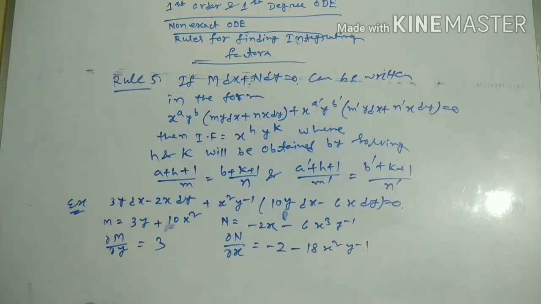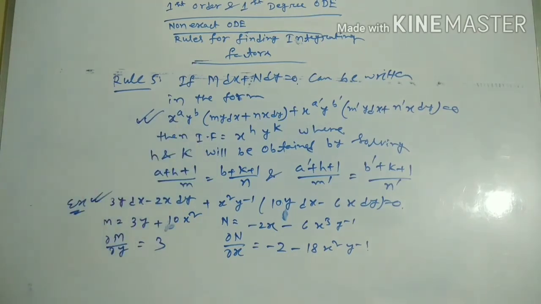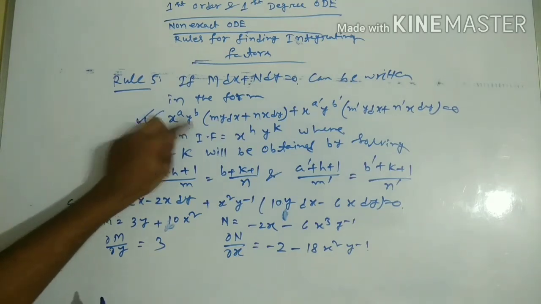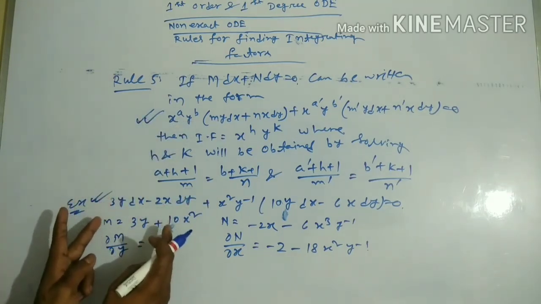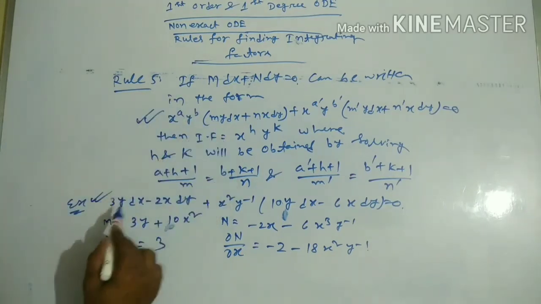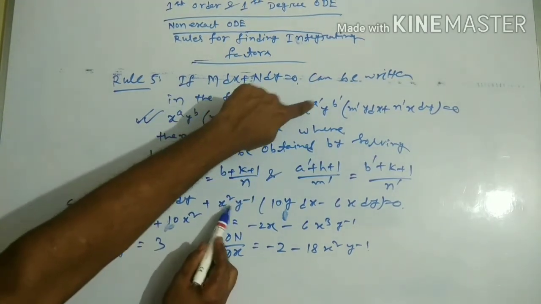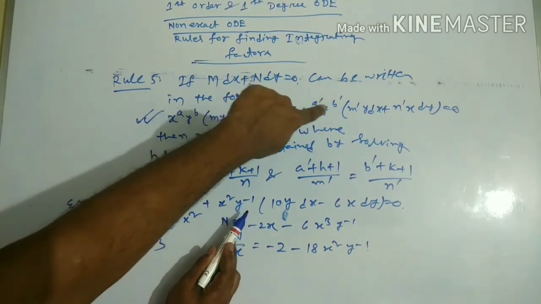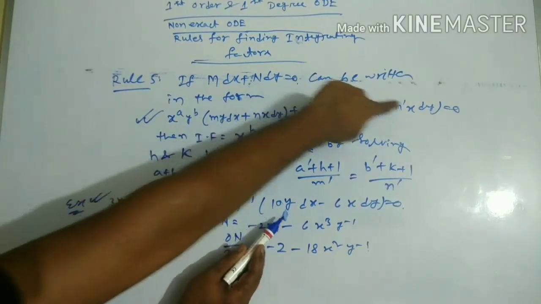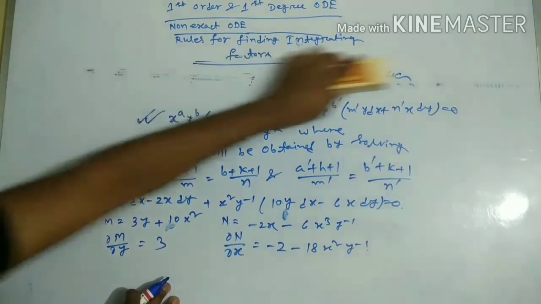Okay, so for applying rule number 5, if you compare this form and this equation, we can say that there is no x^a y^b with this function, so the values of a and b will be 0, 0, m equal to 3, n equal to minus 2, a dash equal to 2, b dash equal to minus 1, m dash equal to 10, and n dash equal to minus 6. Now I am removing this.